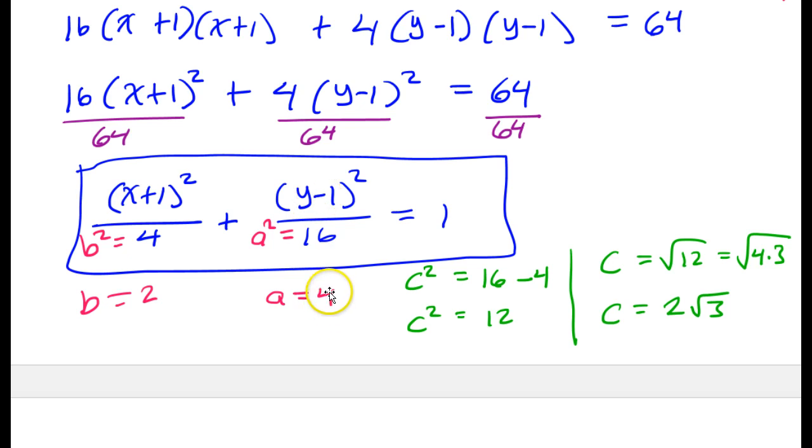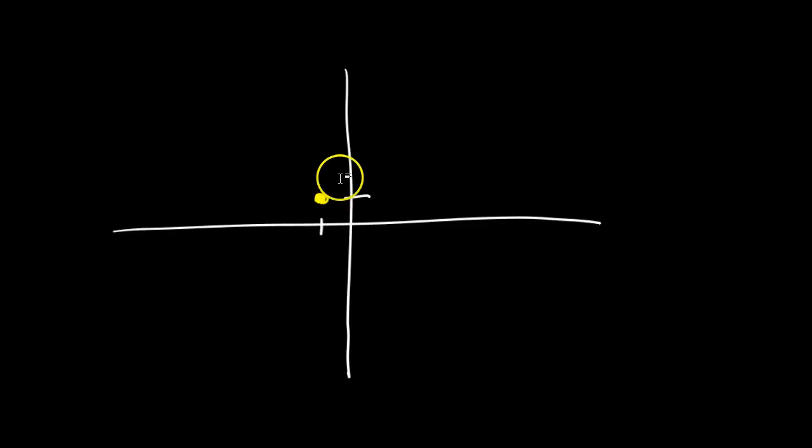That means when I do my plus or minus 4 in a moment, I need to do it in the y direction. So I'm going to take that A value and do plus or minus 4, but I will do it in the y direction, so up and down. So I should label this. So this is 1 and this is -1.